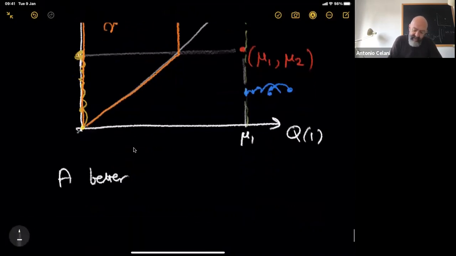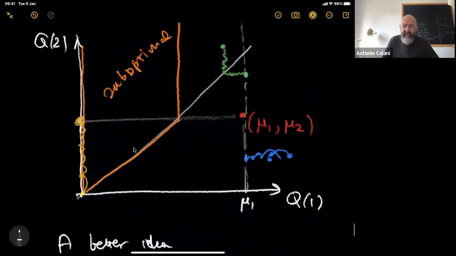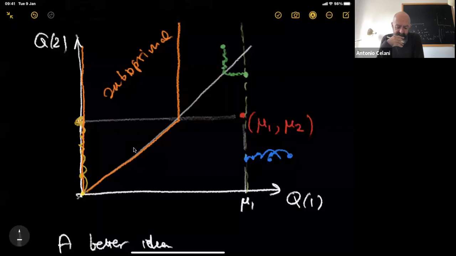So, a better idea. What was the problem here? Let's discuss it in a very informal way. The problem is that we are working in the wrong mindset. Let's try to think about a true decision-making problem. There is a teacher, and this teacher has to decide whether a student is a good student or a bad student.